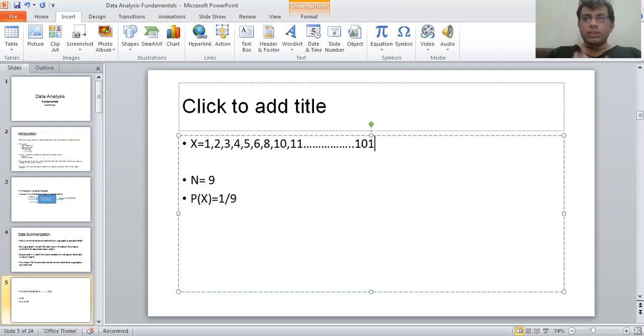Then it does not make good sense to analyze this data set taking each value separately. Rather, what we do in those cases is take groups of values, and these groups are called classes or intervals. So we divide the data into different groups or classes, and then we analyze the data.